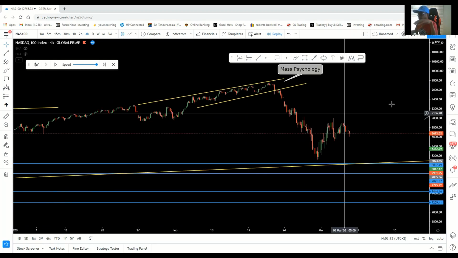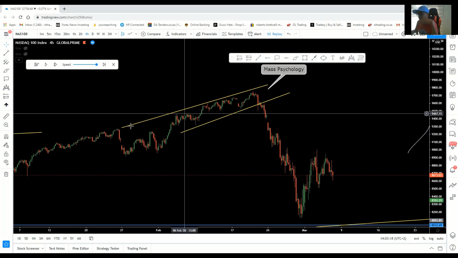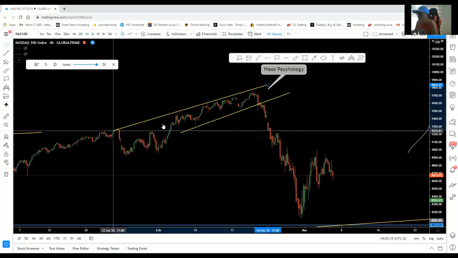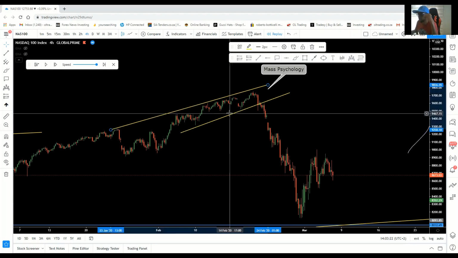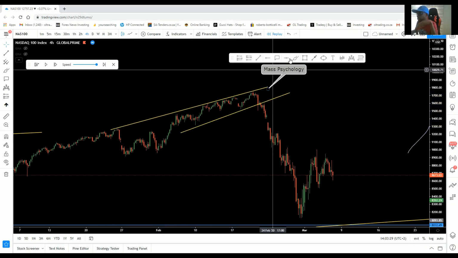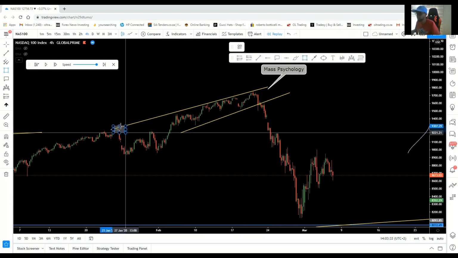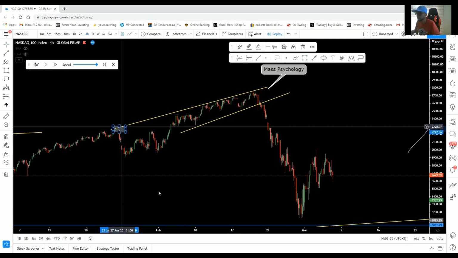So you must understand that I was just showing you the analysis on daily, and as you scale down to smaller time frames like your 4 hour and your 1 hour, you'll be able to get much clearer entries, because you can see here our entry will have been at this level here.